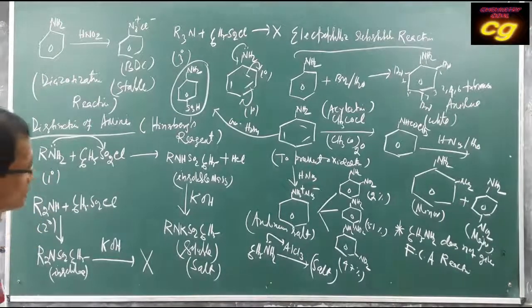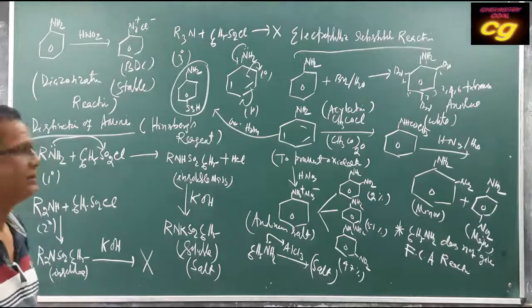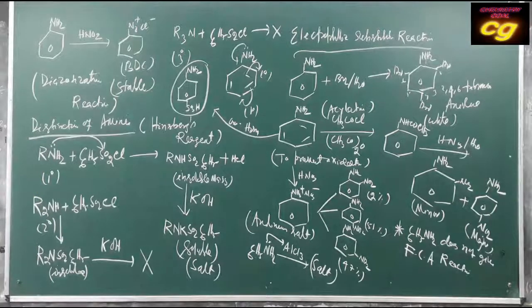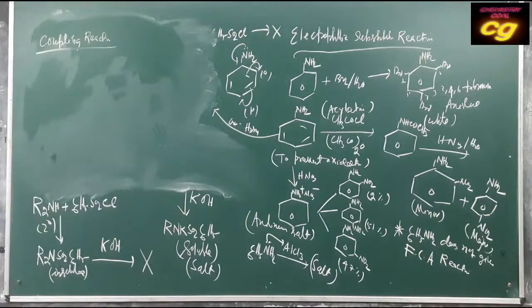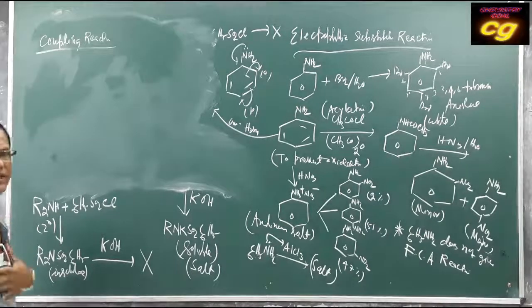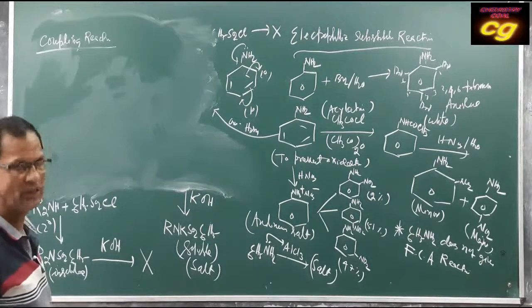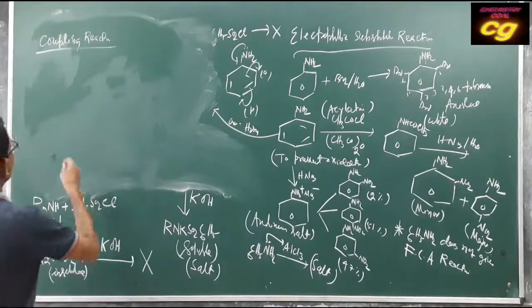Another important reaction shown by aniline is the coupling reaction. What is a coupling reaction? Like in the phenol chapter you have read, phenol reacts with BDC, benzene diazonium chloride, forming an orange dye.